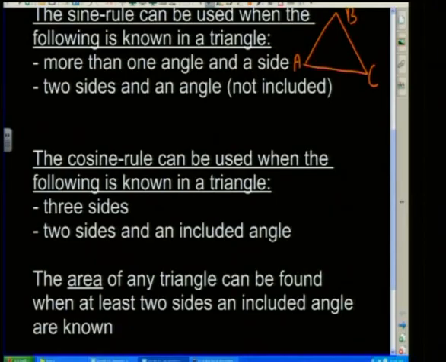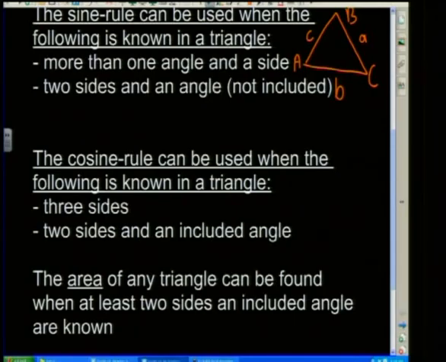Remember, when we label our sides with the little a's and the little b's, the side opposite angle B is called little b, the side opposite angle C is called little c, and the side opposite angle A is little a. So the sine rule says if we have more than one angle and a side, or two sides and an angle, we can use the sine rule.